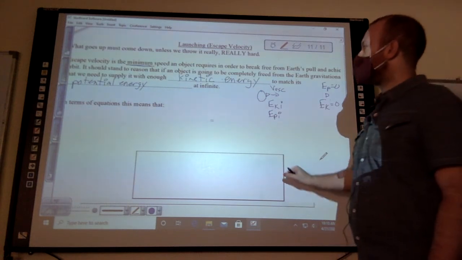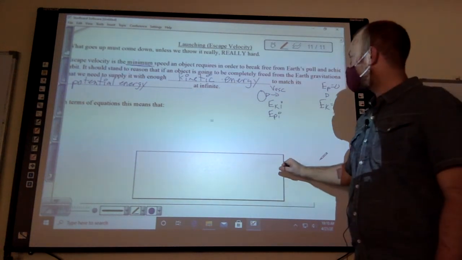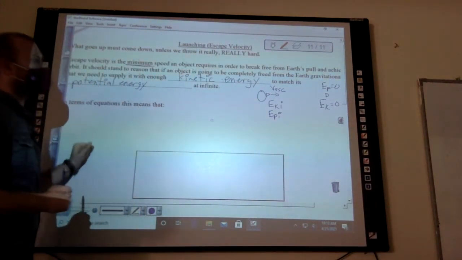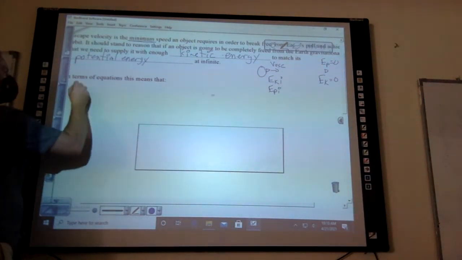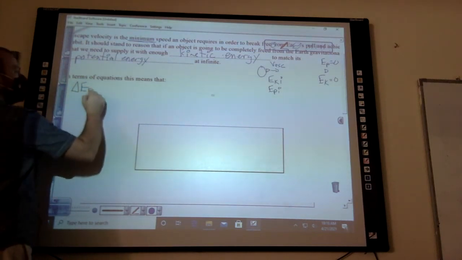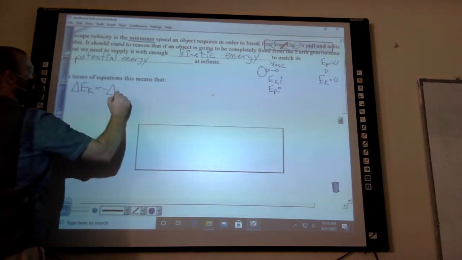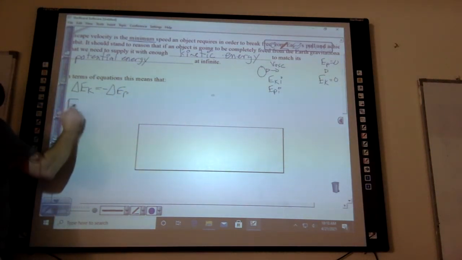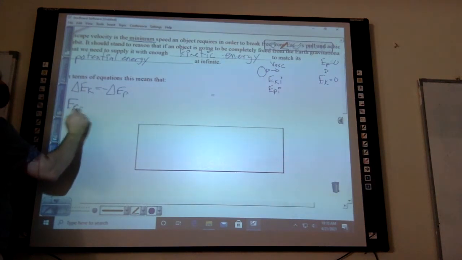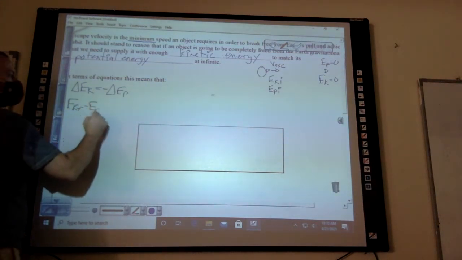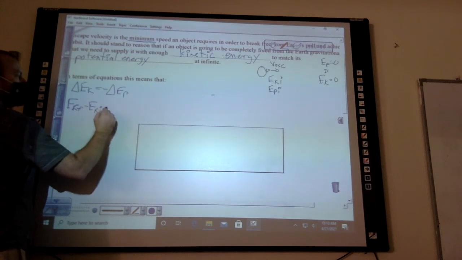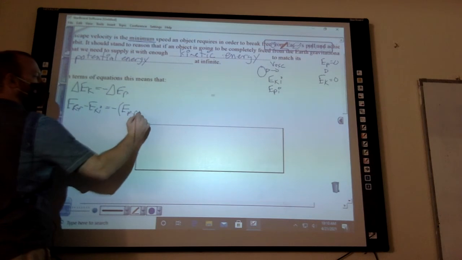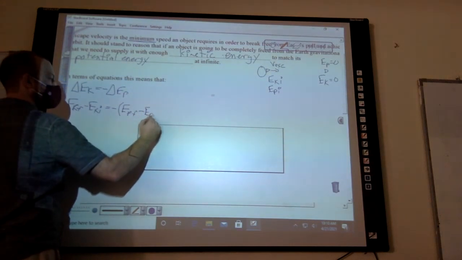So we can derive an equation with this, and I'll do that on the side here so you can see where it comes from. We've got this equation, change in EK equals negative change in EP. So this is EK final minus EK initial equals negative EP final minus EP initial.